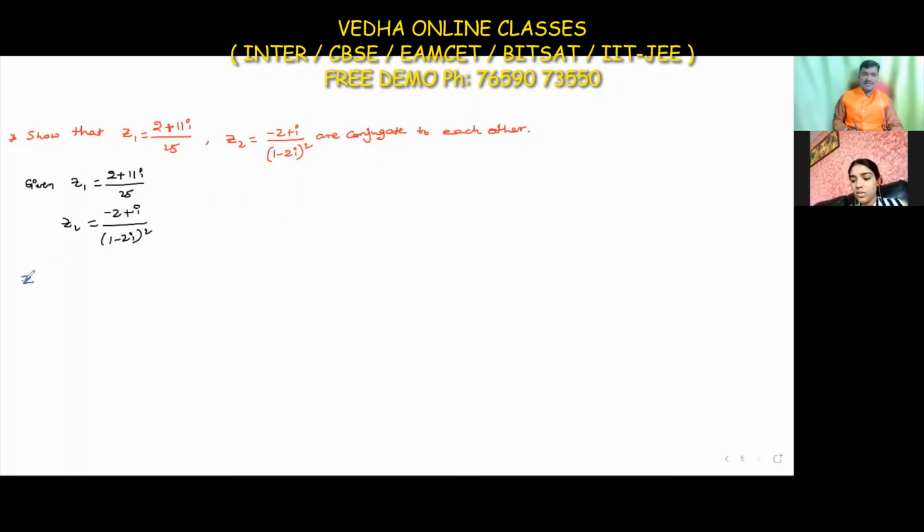Take Z2, that is (minus 2 plus i) divided by (1 minus 2i) whole square. Check the denominator part: it is a complex number, and we have to eliminate the complex number in the denominator.